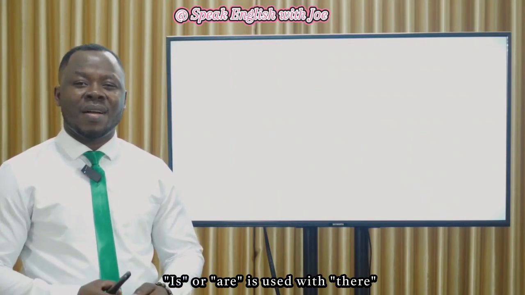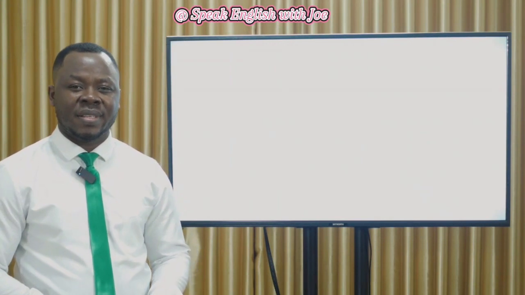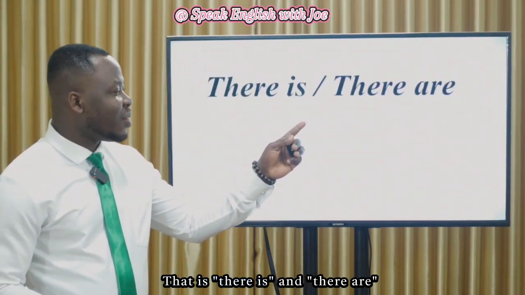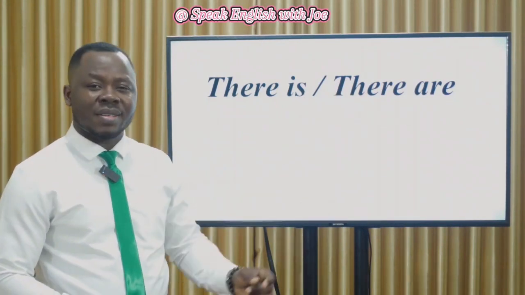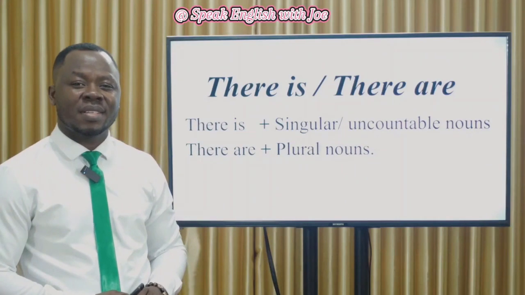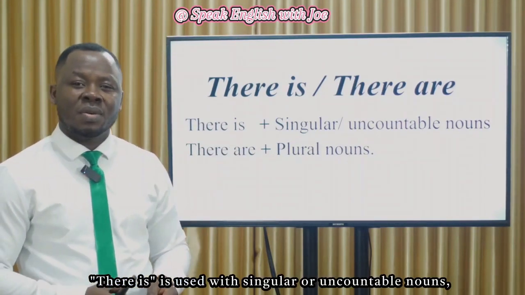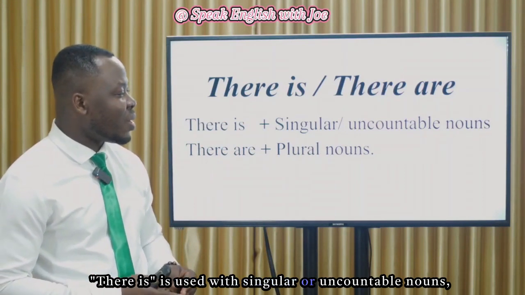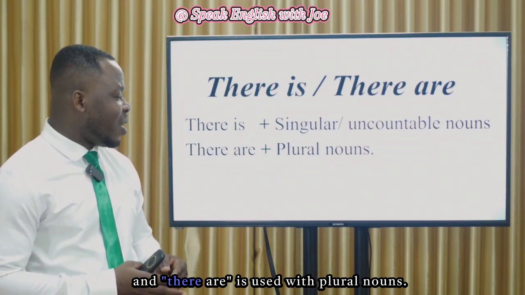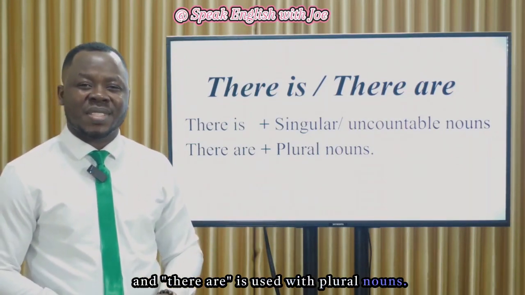Is or are is used with there, that is, there is and there are. And this is how it's used. The is is used with singular or uncountable nouns, and the are is used with plural nouns.